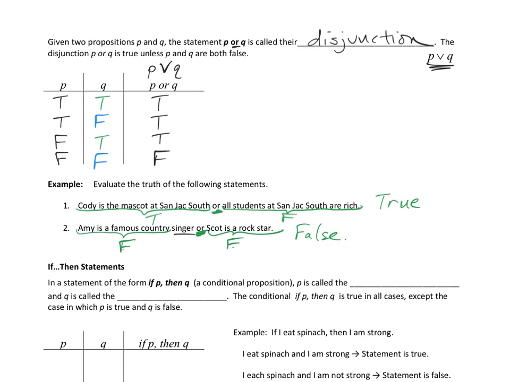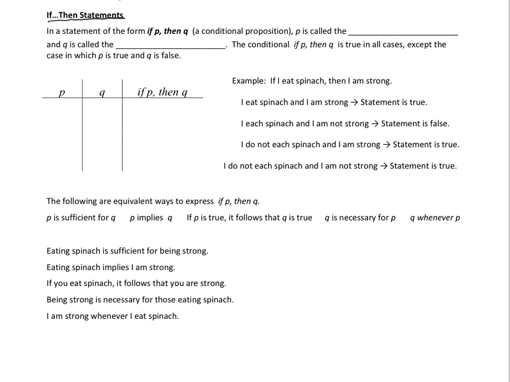Lastly, we have these if-then statements. This is the third logical operator that we will look at, but I'm going to move this up so that I can work more fluidly. All right, so the if-then statements. We say in a statement of the form if P then Q, P and Q are both the propositions.